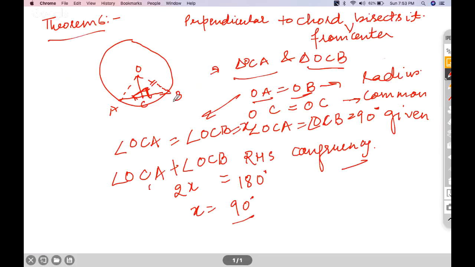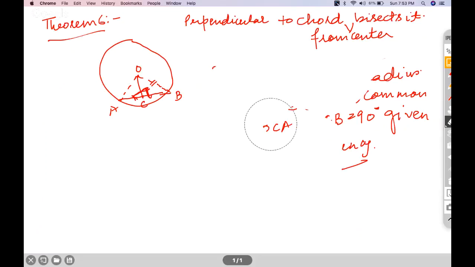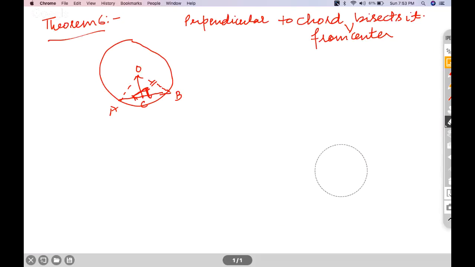Now, the converse of this theorem tells me that the line drawn through the center of a circle to bisect the chord is perpendicular. In the converse, one thing was left out: I have to prove that it bisects.